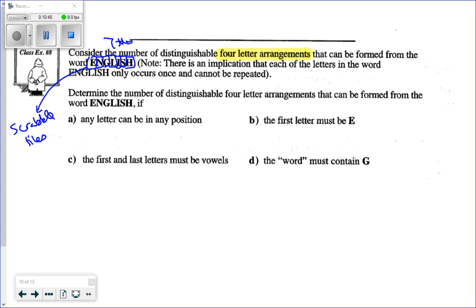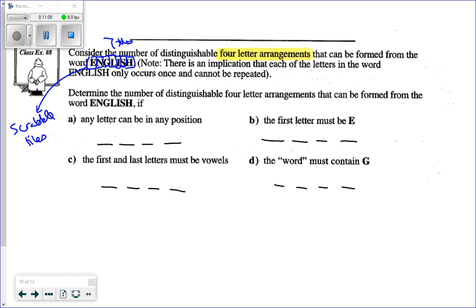So you want to create a 4-letter arrangement. So you're going to go 4 blanks for each one of these. Okay. So again, notice it's not bolded. It's nothing drawing your attention to it. You've just got to read it.